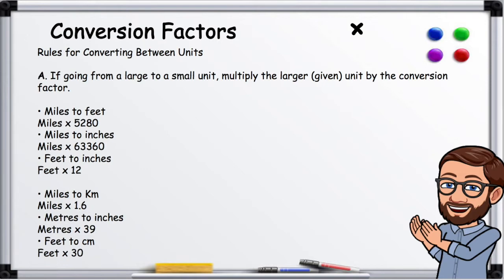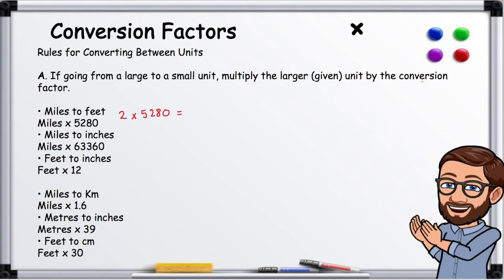So we've got miles to feet here. There are 5,280 feet in a mile. So let's say we have 2 miles and we want to find out how many feet are in 2 miles. Our conversion factor is 5,280. So the calculation we would make is to multiply the larger given unit by the conversion factor. So 2 times 5,280.